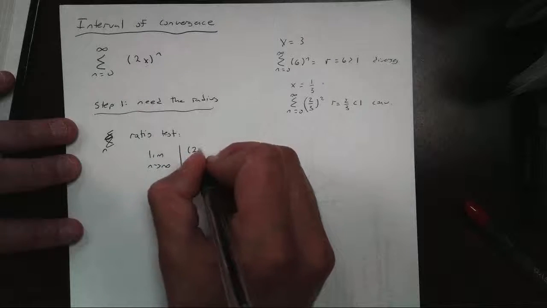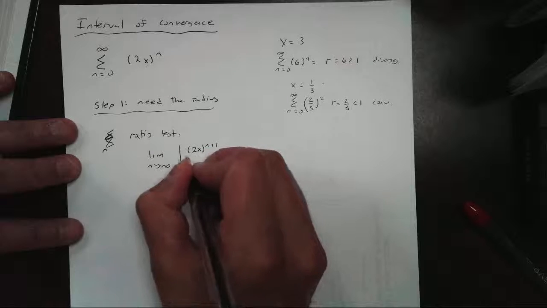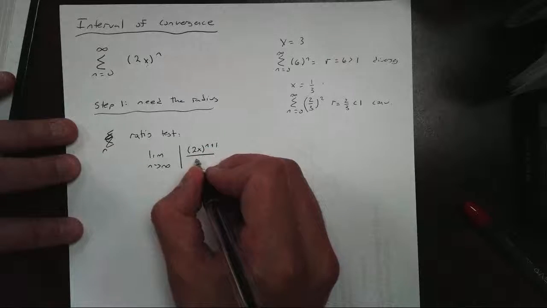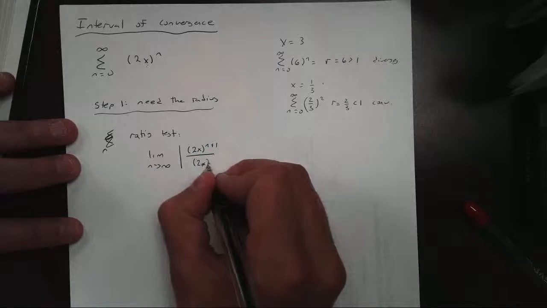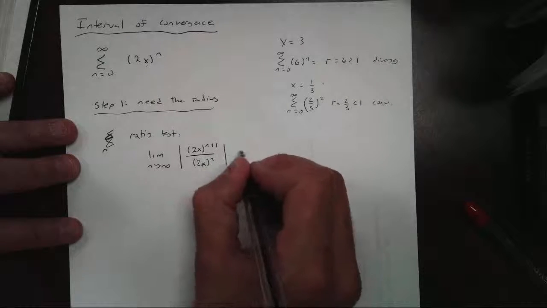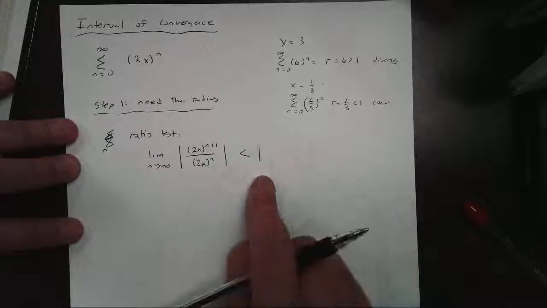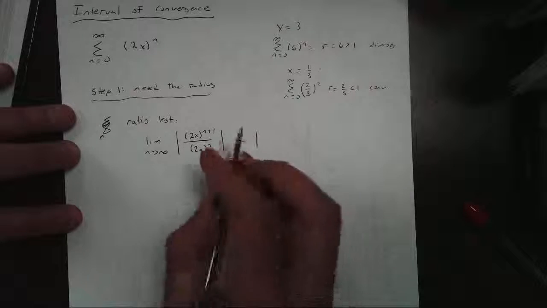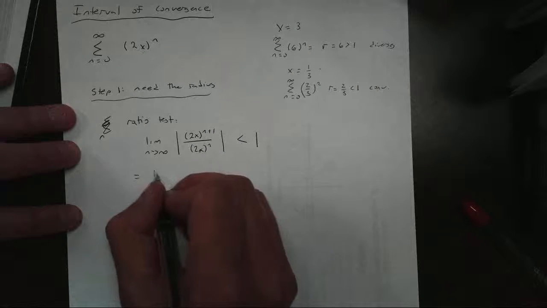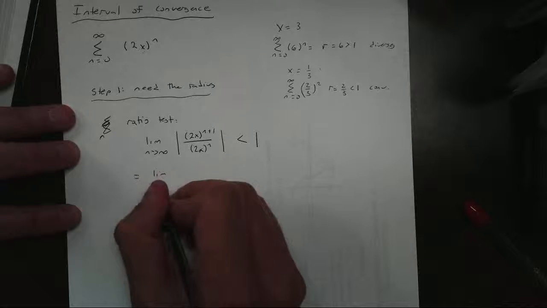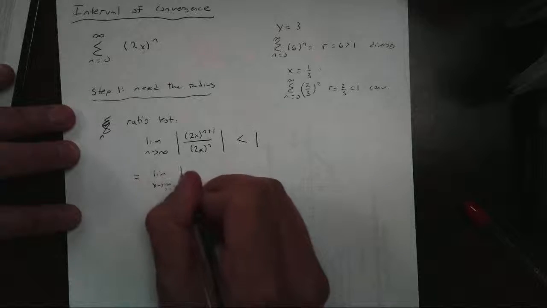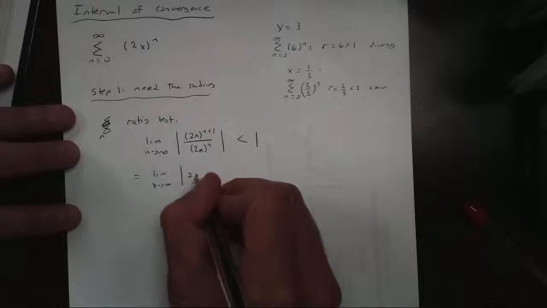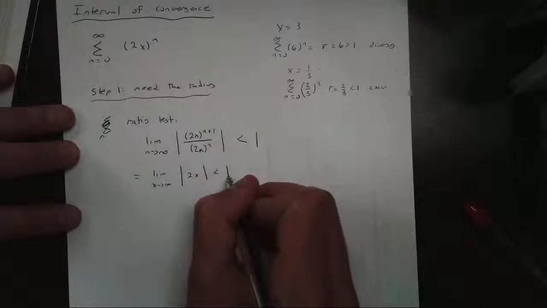This becomes 2x to the n plus 1 divided by the original term, 2x to the n. And we set that less than 1. We have to set it less than 1 because we want this to converge, and that's what our ratio test tells us. And if I simplify this, this just becomes 2x less than 1.